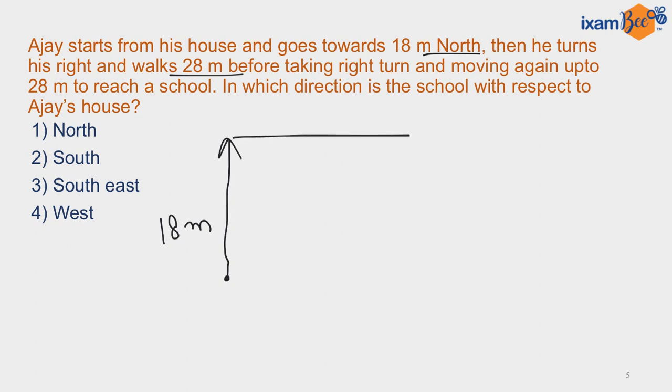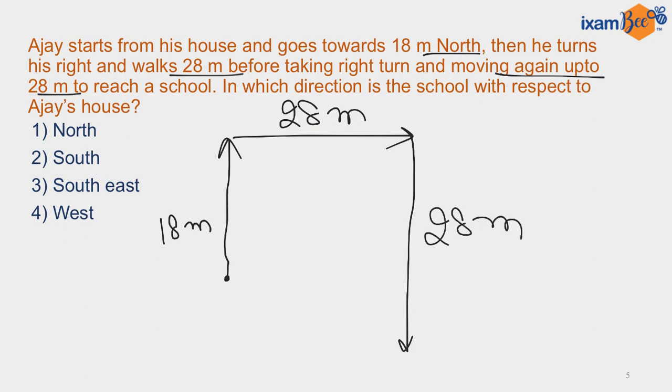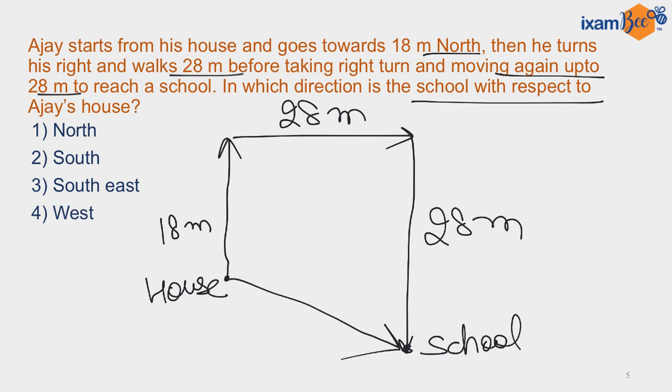He again turns right and walks 28 meter to reach a school. So this is the school, this is the house. In which direction is the school with respect to Ajay's house? The correct answer is southeast. That means option number 3 is the correct answer.